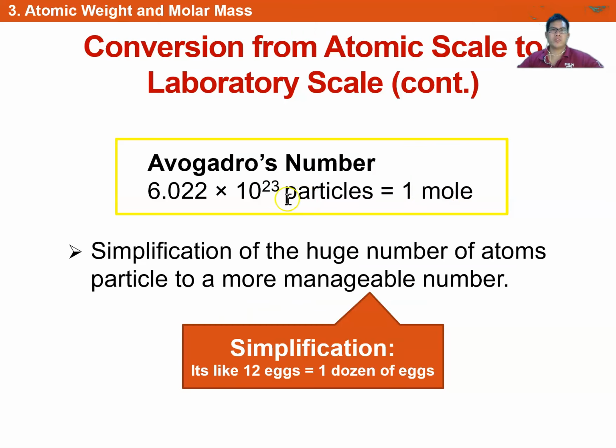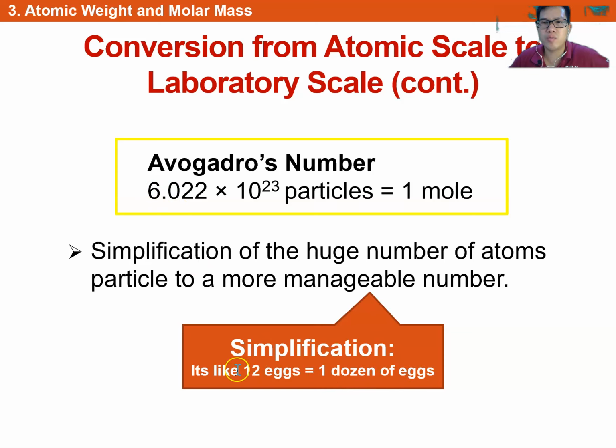A mole is actually what we call Avogadro's number. Whenever we look at 1 mole, it has 6.022 times 10 to the 23 particles, which is fixed. Instead of saying this number of particles, we call it 1 mole, just like we call 12 eggs 1 dozen.